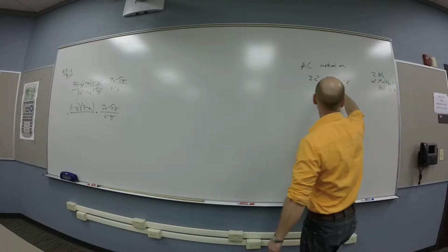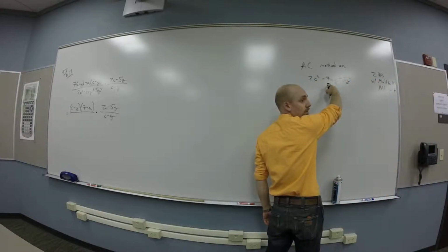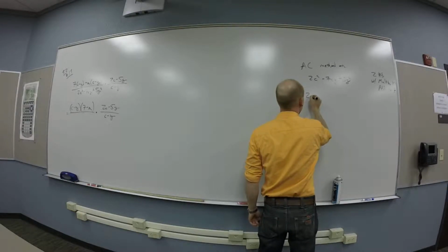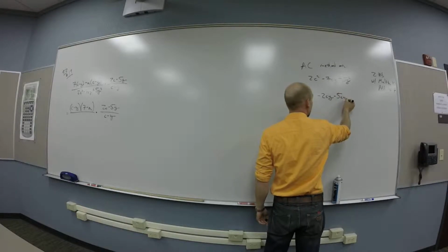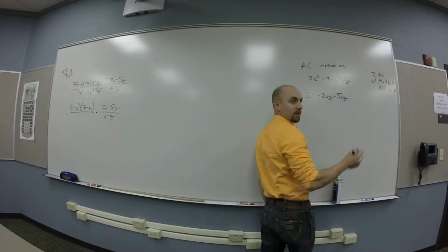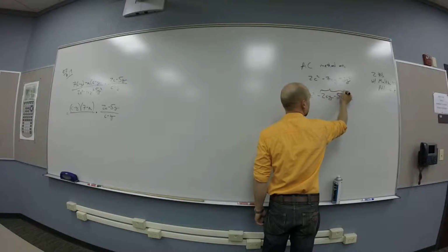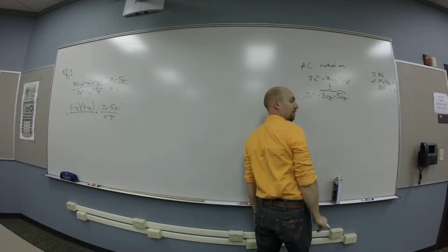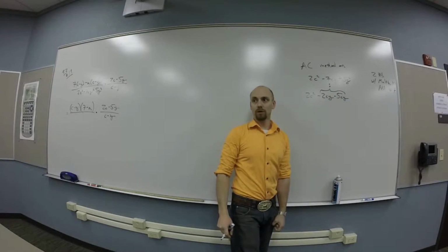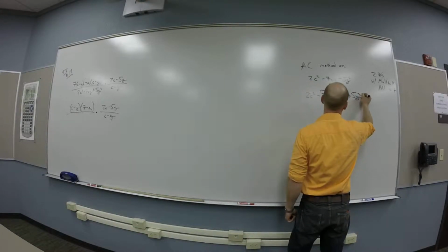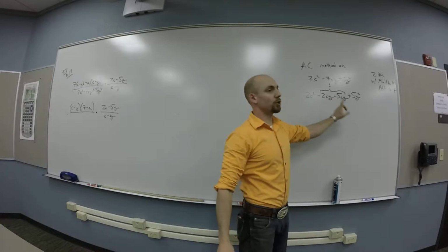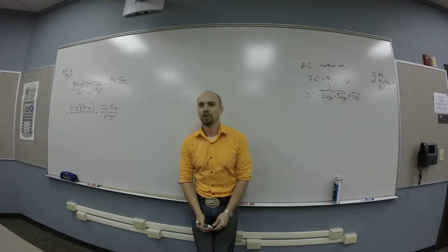So then I'm going to replace my negative 7cy with minus 2cy and minus 5cy. You guys see that? And then there's a plus 5y squared. Why did I pick that order as opposed to the 5 and the 2?